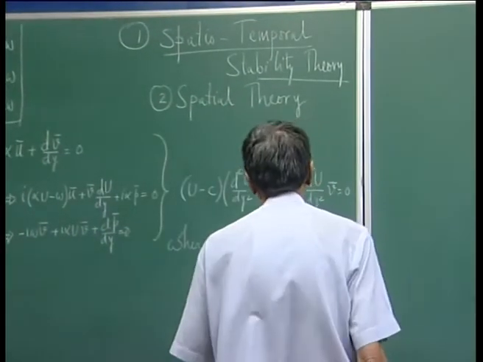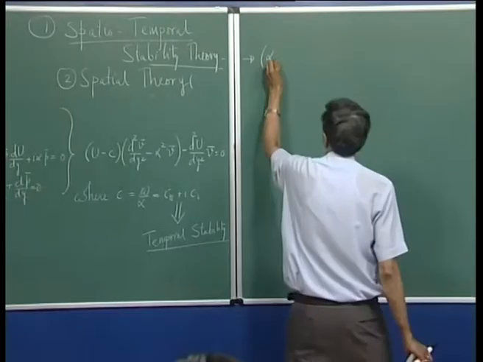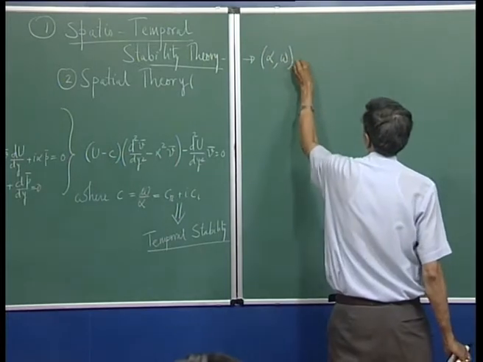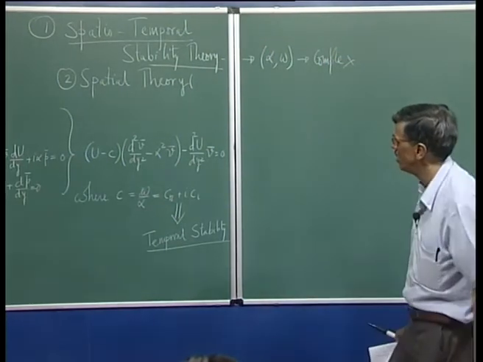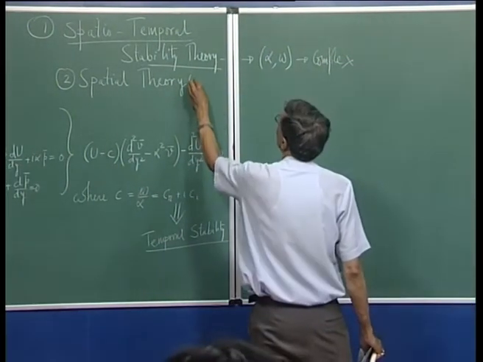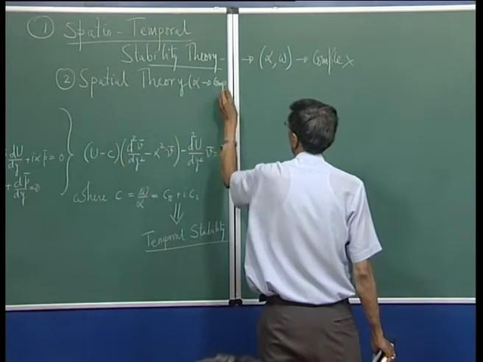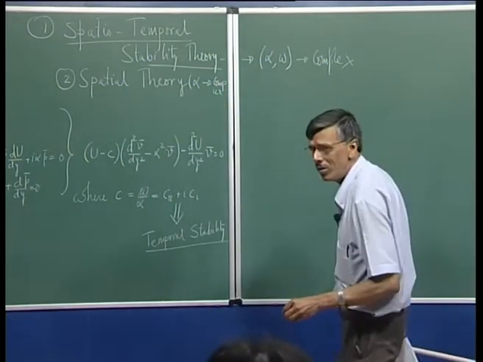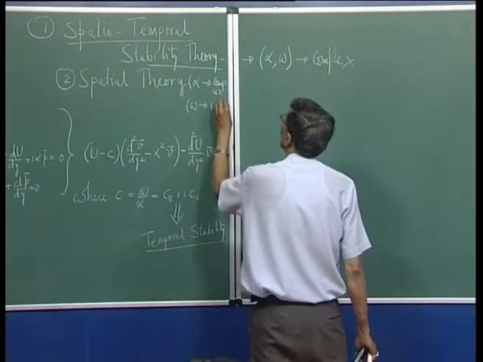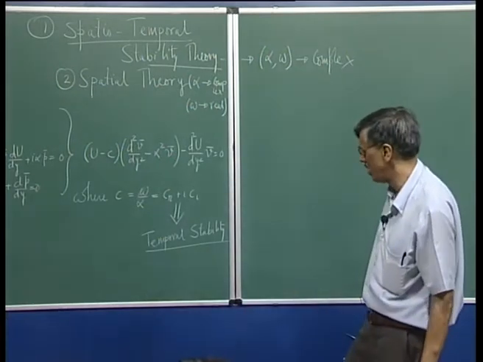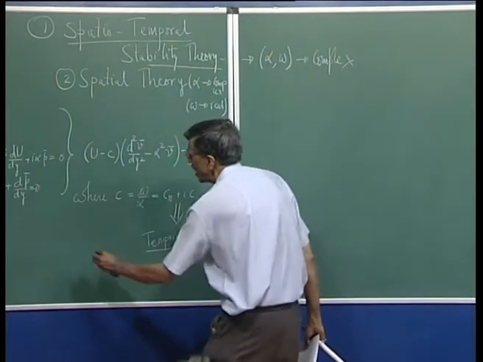So, this corresponds to alpha and omega complex. Both are complex for spatiotemporal theory, and for the spatial case what we will find is alpha as complex, while omega will be real. The third possibility is one of temporal theory, and this is what we are talking about here.